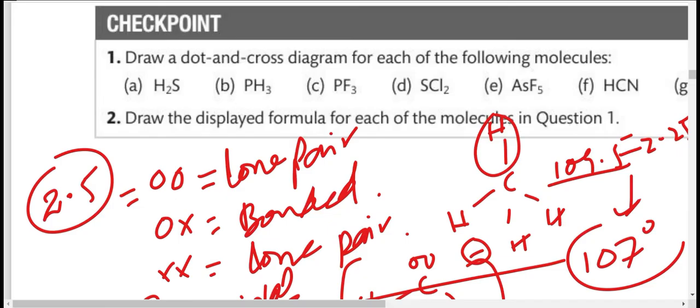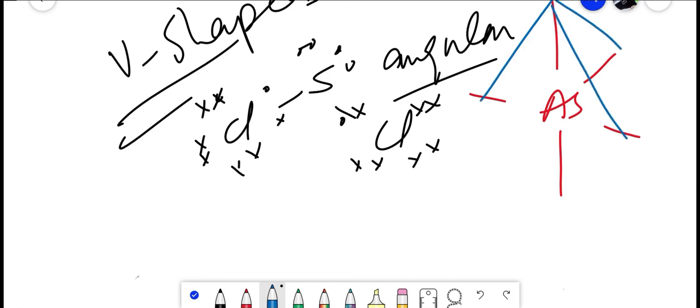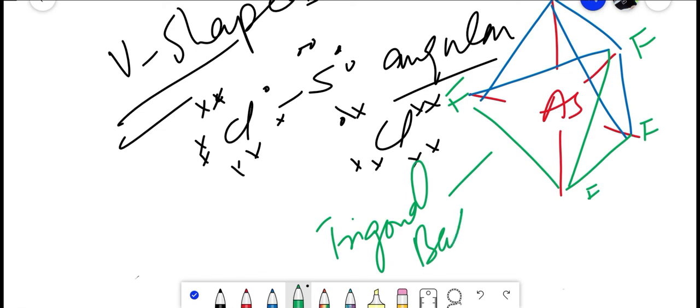So the structure will be the same as PF5, a trigonal bipyramidal shape. This is the pyramid which is being made. It's called trigonal bipyramidal, with a triangular base.